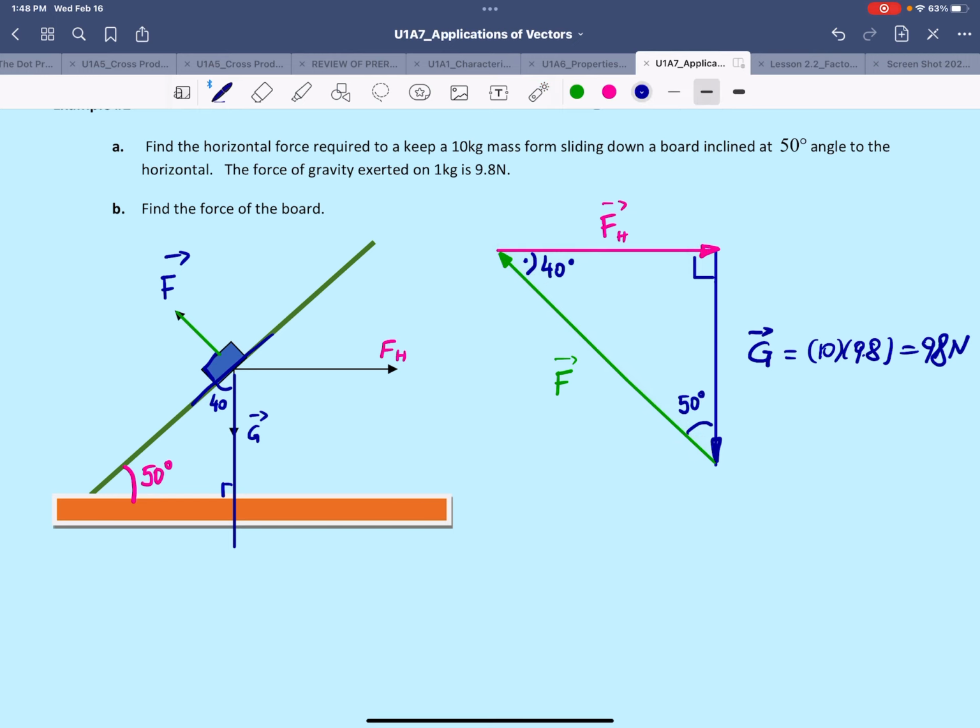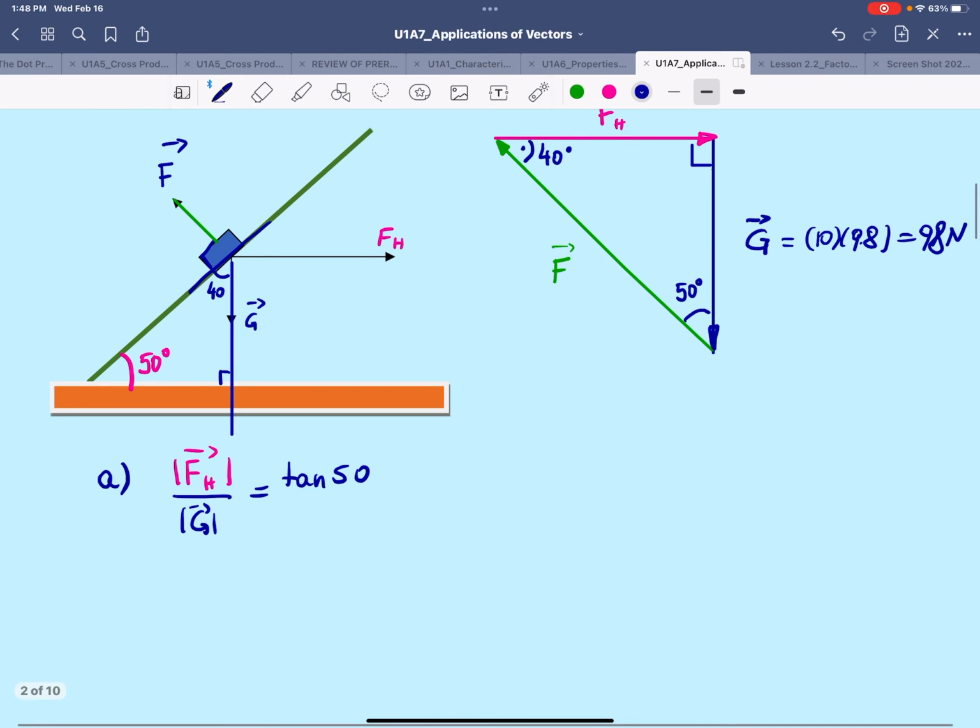So I will start with question A, where I have to find the horizontal force, and I will say that the horizontal is located opposite to angle 50, and I'm using gravity, which is adjacent, so tan ratio. So we'll write down here that the horizontal force magnitude, divided by the magnitude of gravity, would equal tan 50.